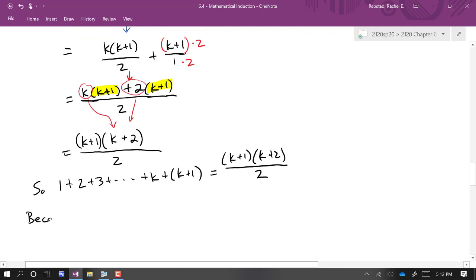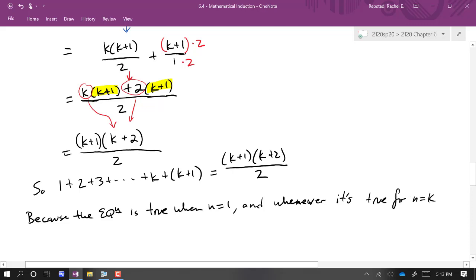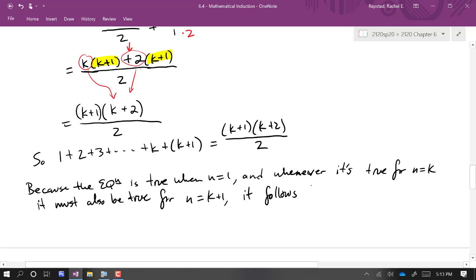So because the equation is true when n is equal to 1, and whenever it's true for n equals k, it must also be true for n equals k plus 1, it follows that this equation is true for all positive integers.